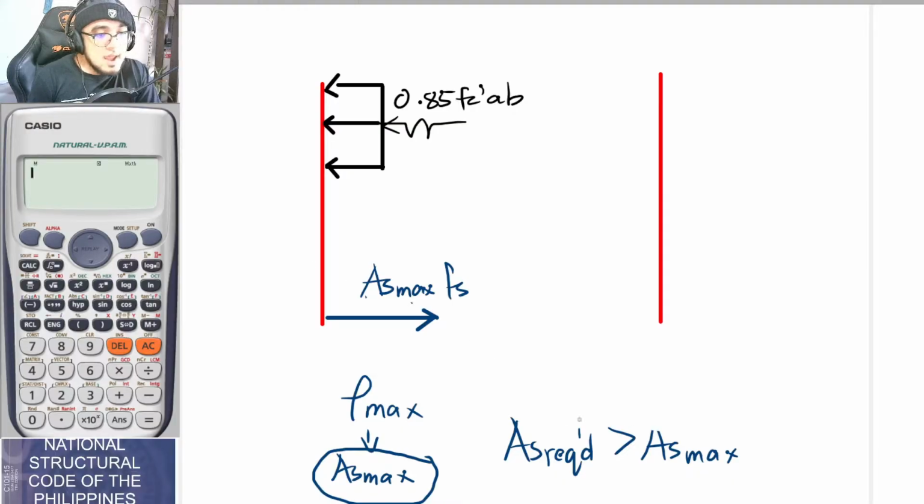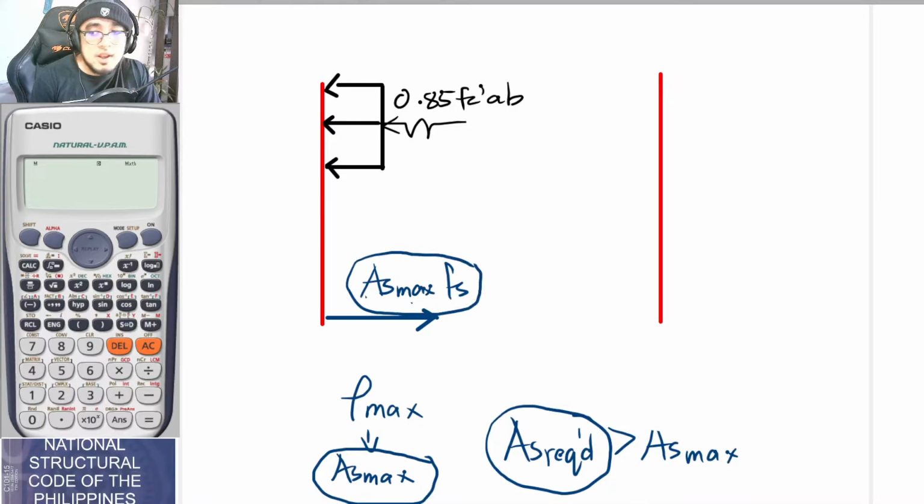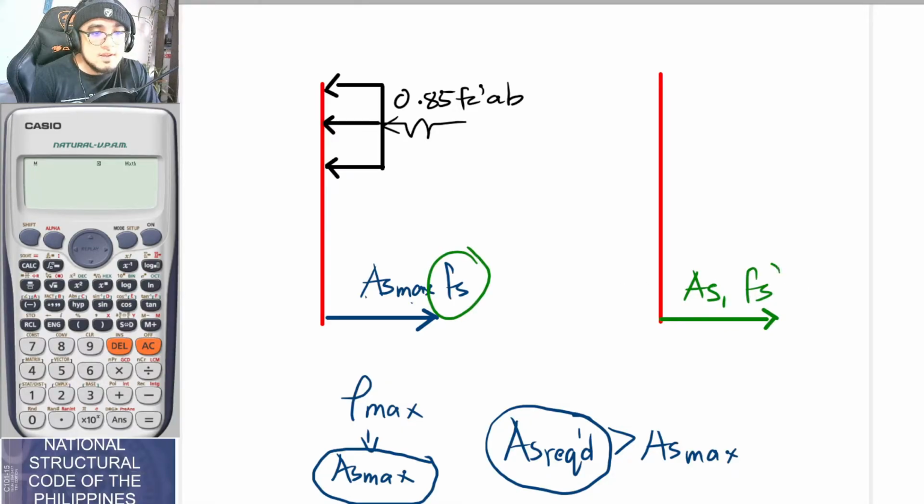Okay, and since our AS required is greater than your AS max, using AS max FS would rather be inadequate kasi nga kulang siya. That is why we would be introducing them here. So let's say that this is now to be your AS1. So AS1 FS. So take note that this FS here is also to be the FS here.